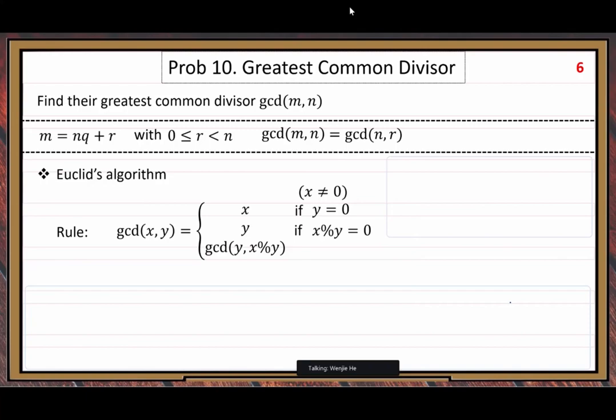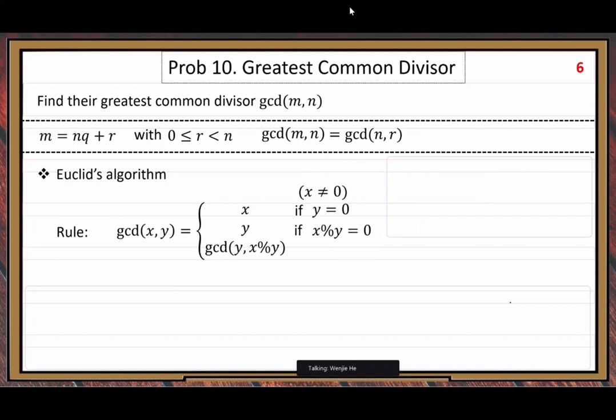In this way, we avoid the huge bottleneck of prime factorization, and make the GCD calculation much, much faster. So that's the solution for this problem number 10.